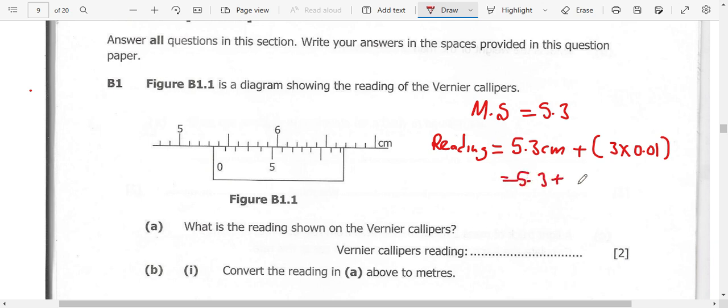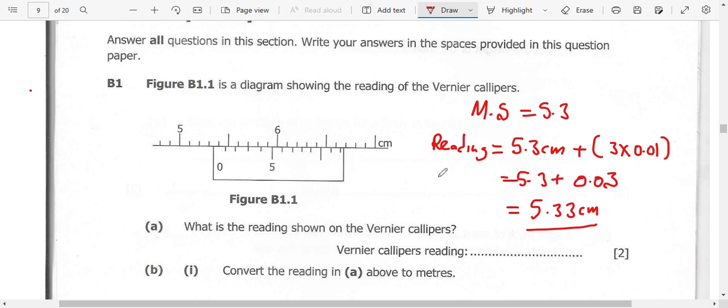Is it always to multiply by 0.01? Yes, you always multiply. The value that you get on the vernier scale, you always multiply it by 0.01. Okay? So if you add these two, you are going to get 5.33 centimeters. Don't forget the unit.